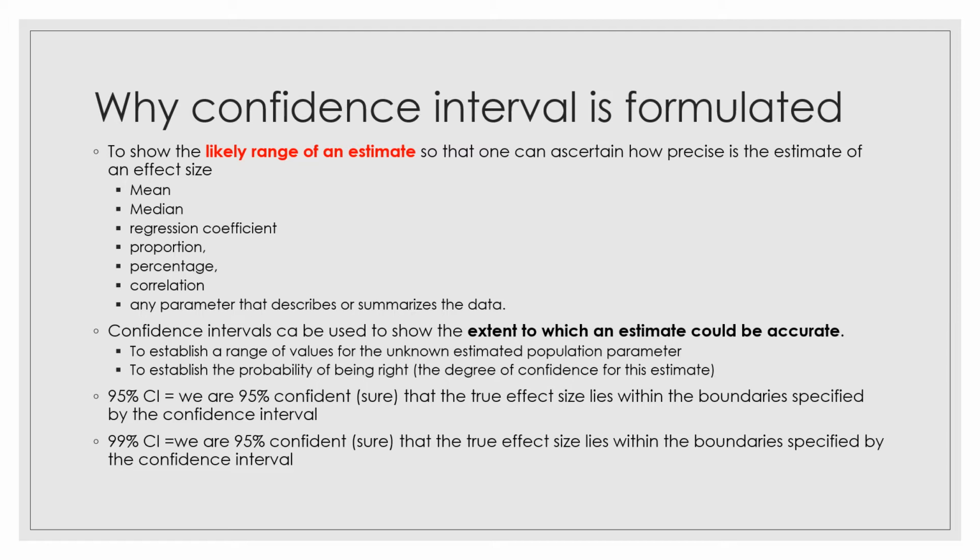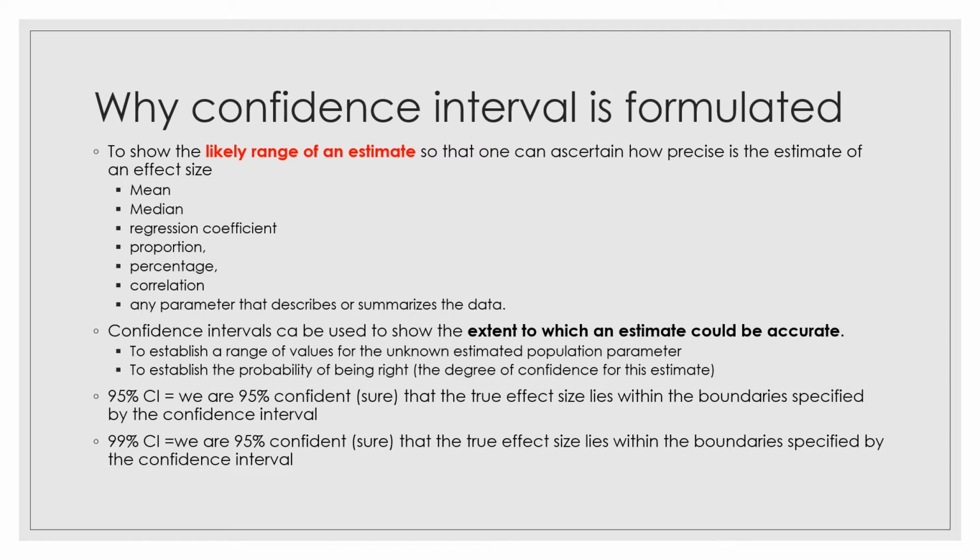And once again, the estimate can be the mean, the median, the regression coefficients or betas, the proportion, the percentage, the correlation coefficient, or any parameter that describes or summarizes the data. The 95% confidence interval or the 99% confidence interval are the most commonly used confidence intervals.